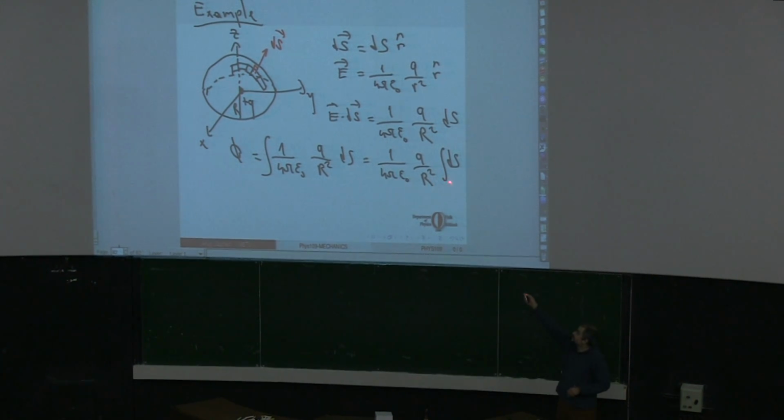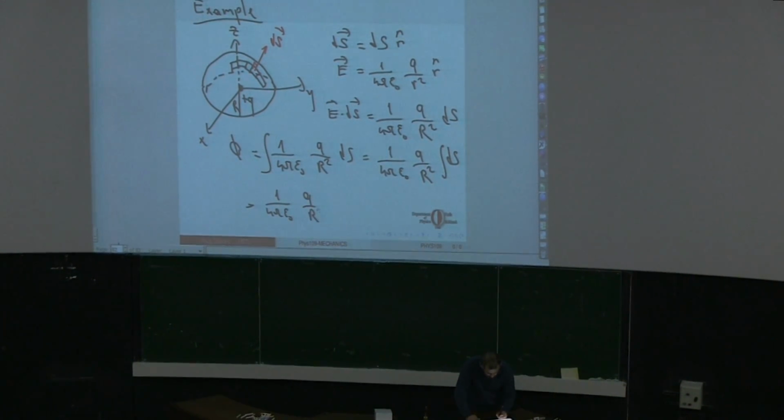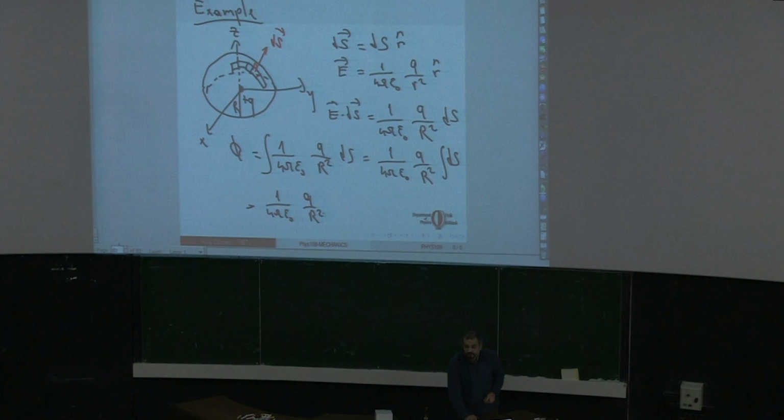Now this is nothing but the sum of the areas of each one of these small patches. And we already know the area. This gives the total area of this hemisphere. And the total area of this hemisphere, since I'm just considering half of the sphere, is 2 pi r squared. So the flux is q over 2 epsilon 0.